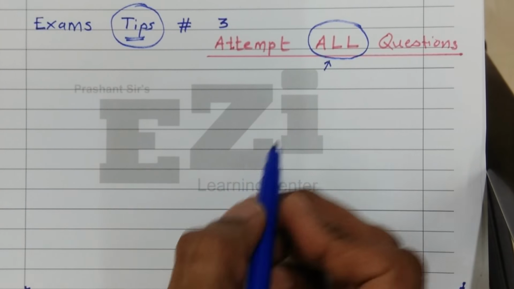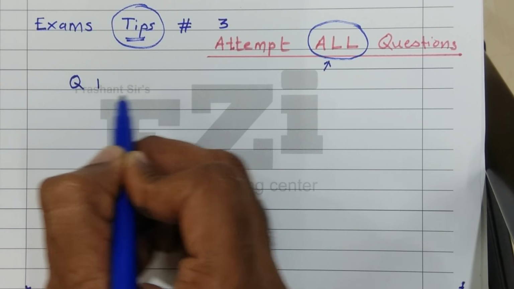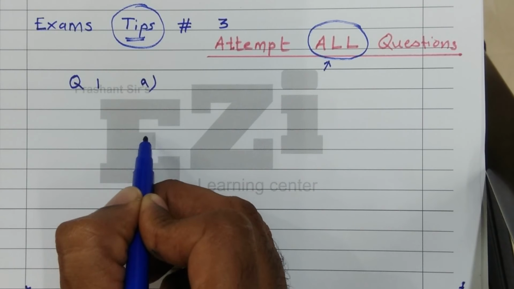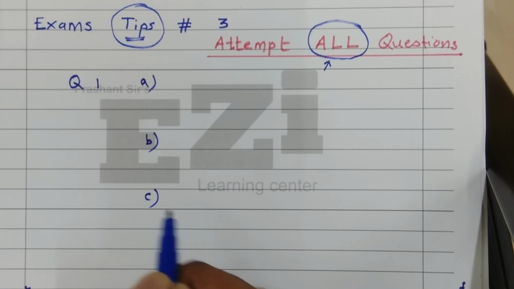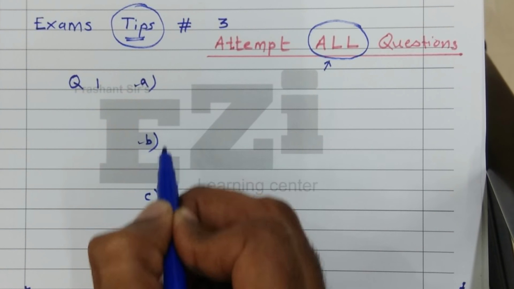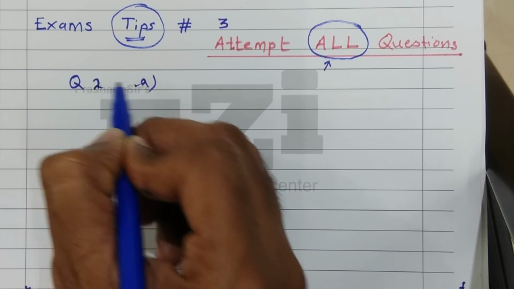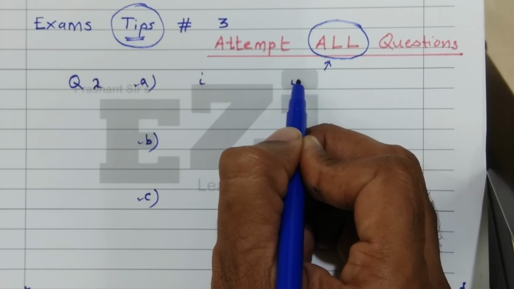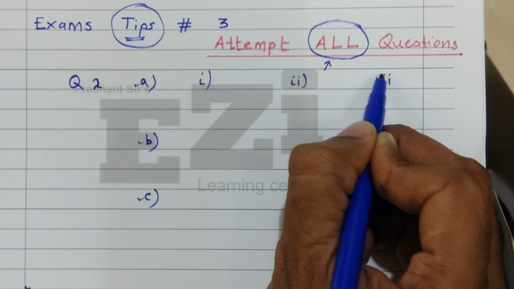See, say suppose we have started solving question number 1. In question number 1, say we have 3 subparts, A, B and say C. Generally people finish A properly, then B properly, and then C properly. Then they start question number 2, where there might be subpart 1, subpart 2 and subpart 3.